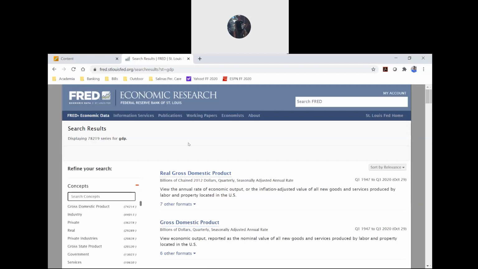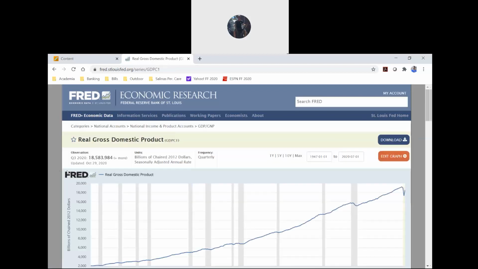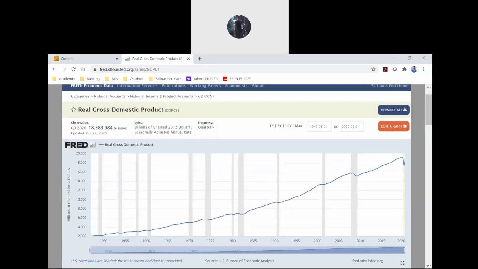So here's real gross domestic product, and this is the actual data reported by the Federal Reserve. This is in 2012 dollars. Okay, and this is updated quarterly, and this is real GDP in 2012 dollars, quarterly.